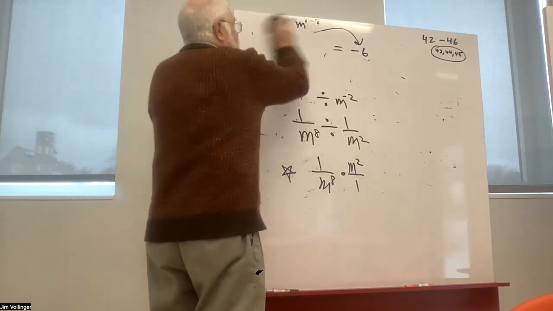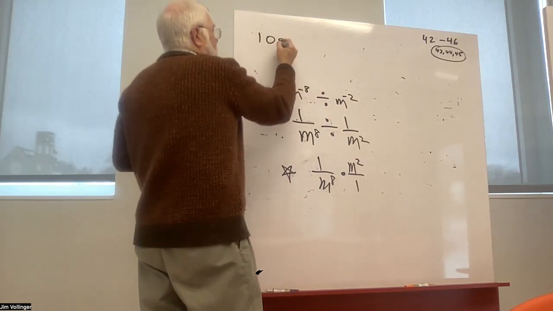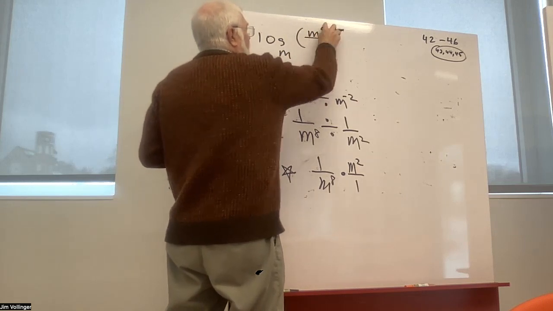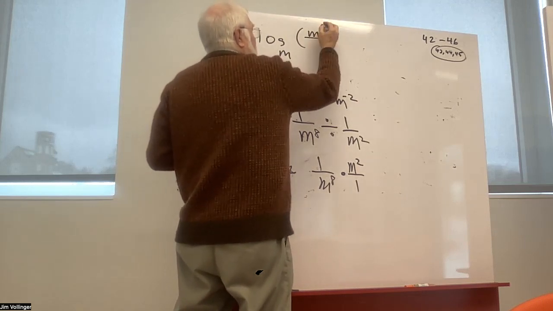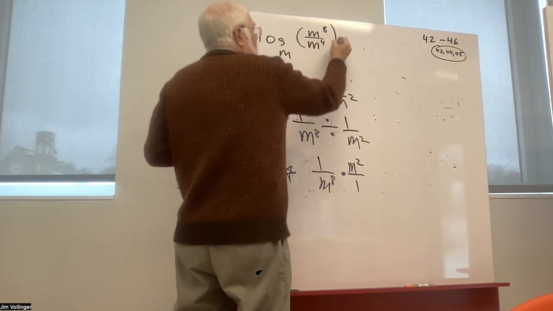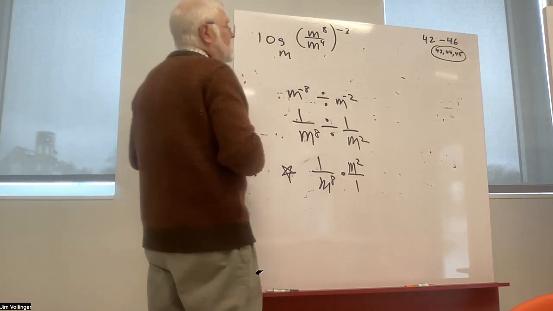Try another one. I don't know how many ways I can rewrite this now. Let's try log base m of m to the 8. Let's do m to the 4, and let's do minus 3. Well, division is simply counting.